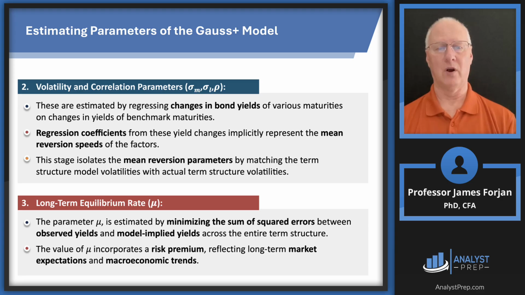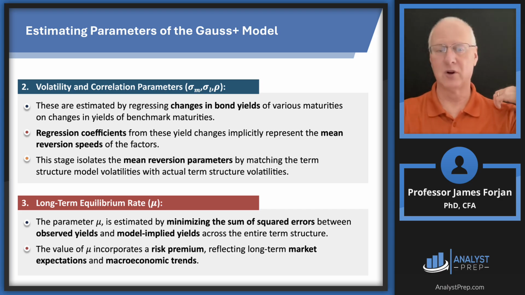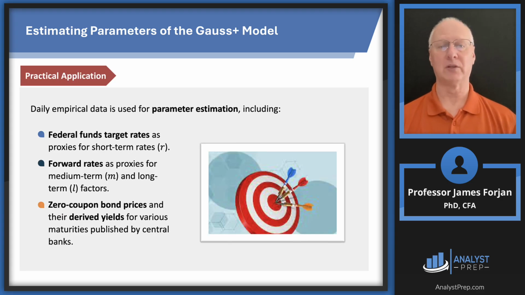And then for long term, we're just going back to statistics. We're going to minimize the sum of the squared errors between those observed yields and the model implied yields for the entire term structure. What that does is it gives us a sense of what the long-term equilibrium rate is, and that depends on things like market expectations and macroeconomic trends.